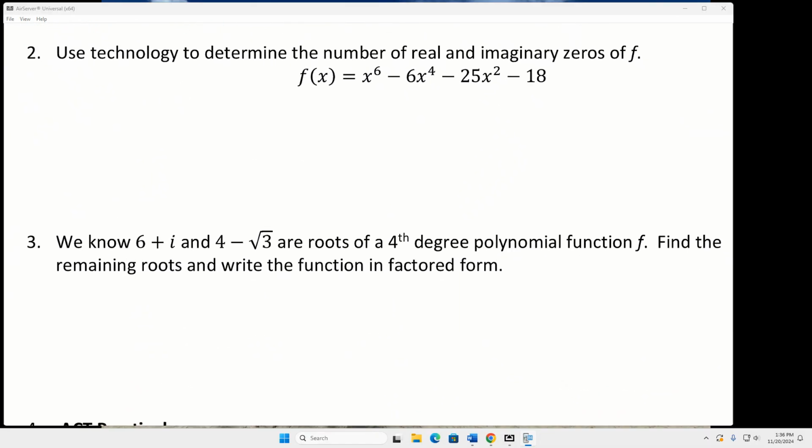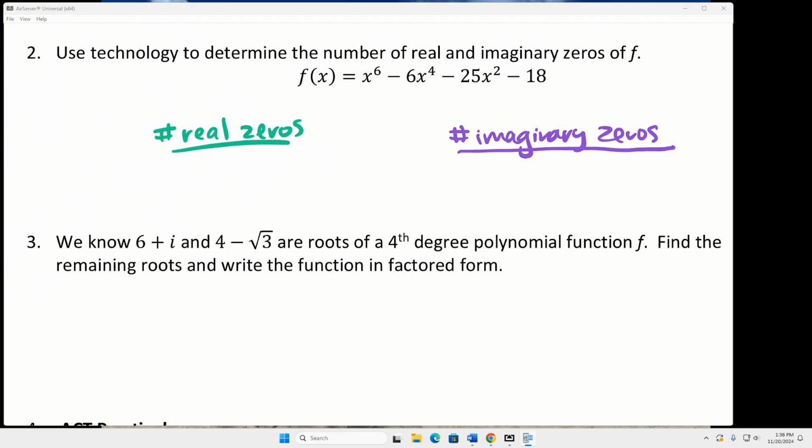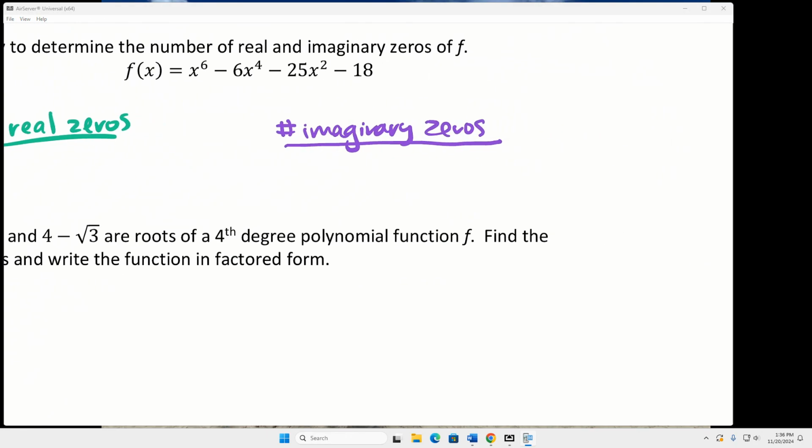So number 2 wants us to use technology to determine the number of real and the number of imaginary zeros. All right, how many total zeros should this function have?